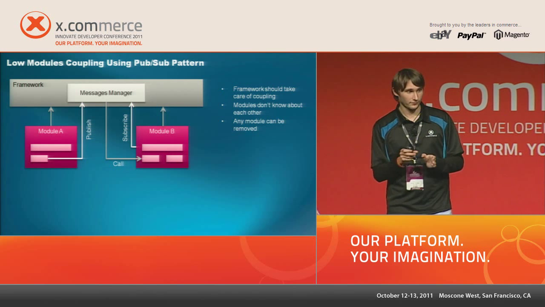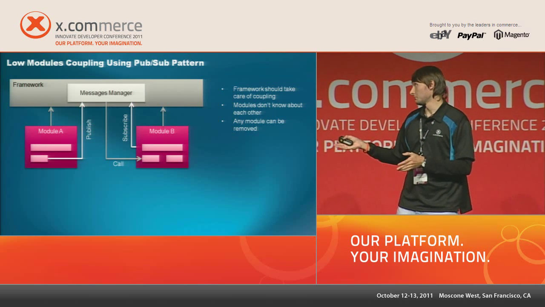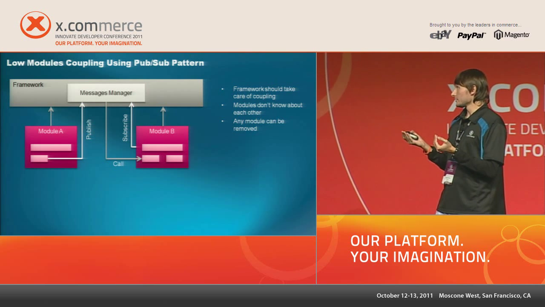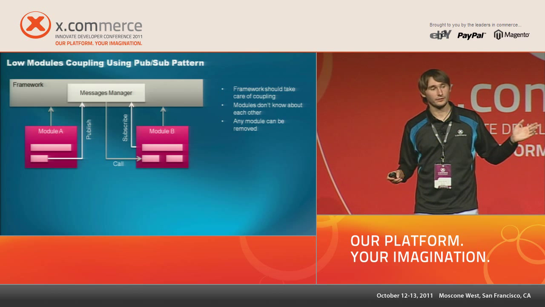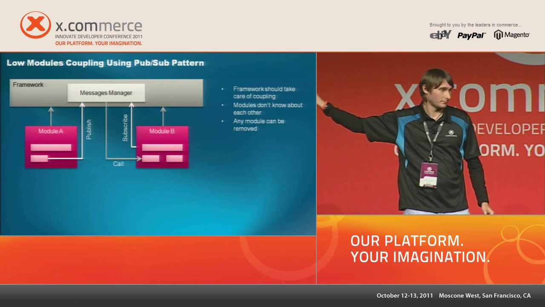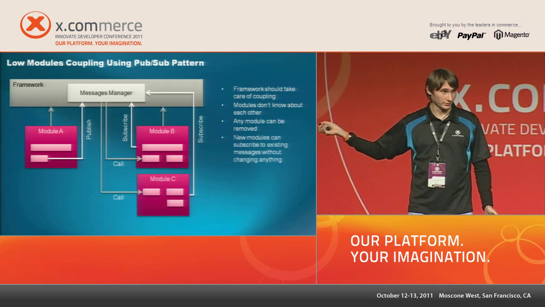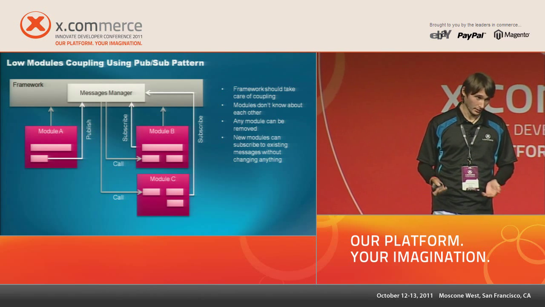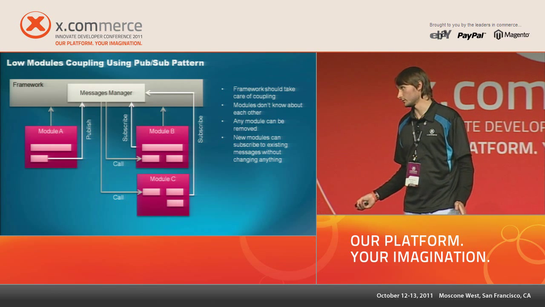Messages can be distinguished one from another in different ways. The easiest way is just by name, by having a unique name. So module B subscribes to the message with the unique name it knows. And module A, at the needed point of integration, just publishes this message to everyone who is subscribed. So in this case, any module can be removed because they don't even have connections to each other. Moreover, any number of modules, once the integration point is introduced, can reuse this point without changing anything in the system. So this implementation is completely flexible.